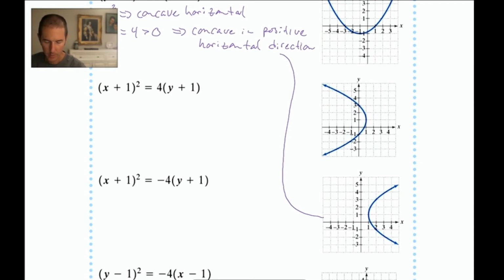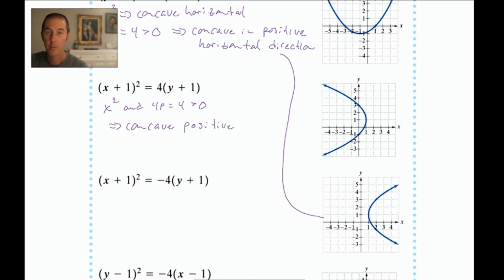In our next equation, we have a y and an x squared. So here, x squared and 4p equals 4, which is greater than 0. Therefore, we'll say that it's concave in the positive vertical direction.